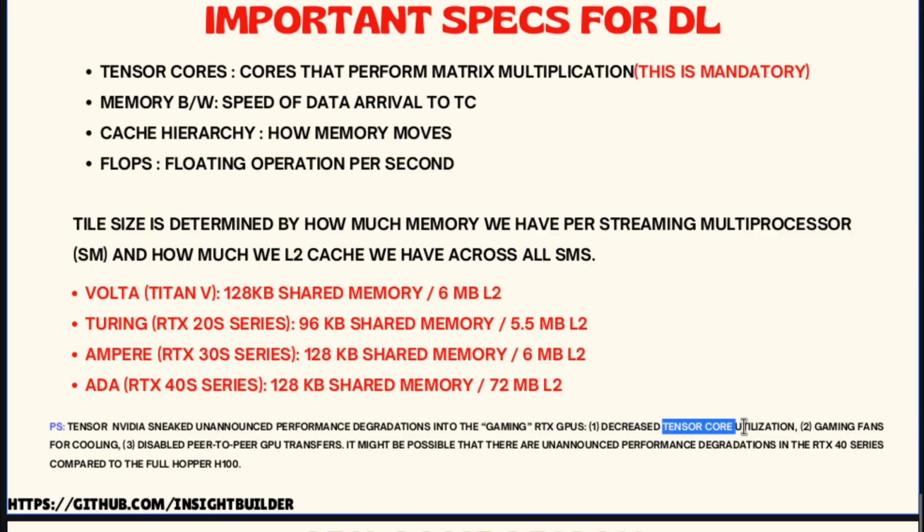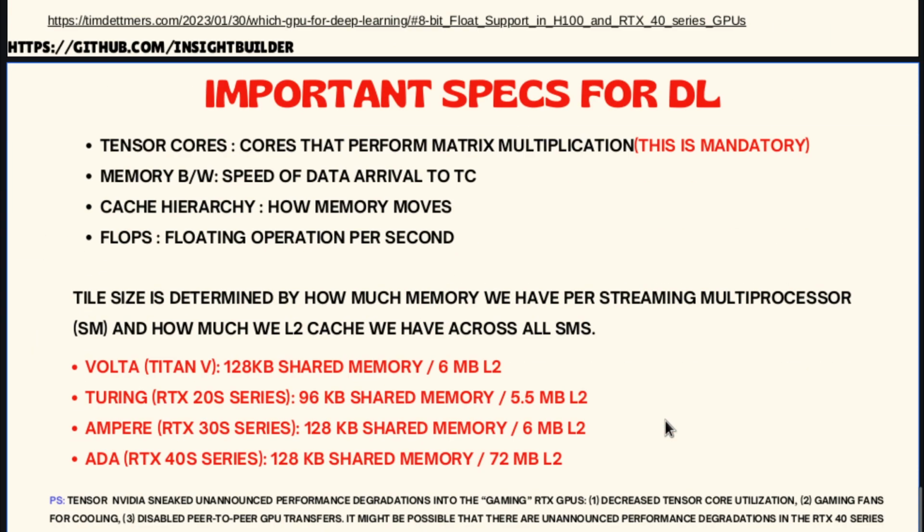This can be bad if you are going to purchase a GPU with Tensor cores, and if they reduce the Tensor core utilization, then it is going to be difficult to use that GPU for AI and ML, because Tensor cores speed up the calculation. If the Tensor cores are not there, then your AI/ML model training and inference might take a longer time.